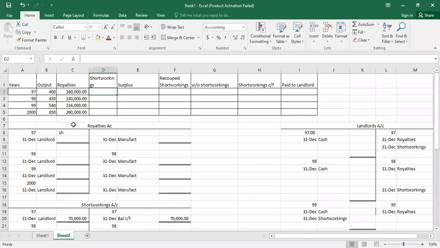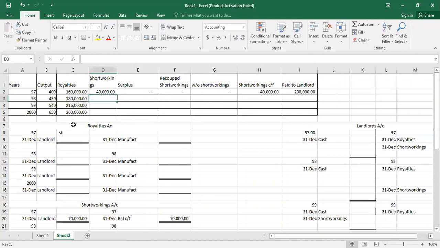So we go on. Our minimum rent is supposed to be 200,000. So do we have short workings? Yes, 40,000, carried forward.